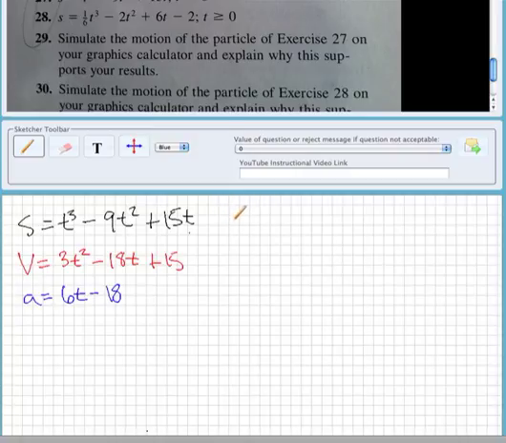So if we factor the first equation, it's going to be 2t squared minus 9t plus 15. And this doesn't factor down to anything, so we know we have a 0.